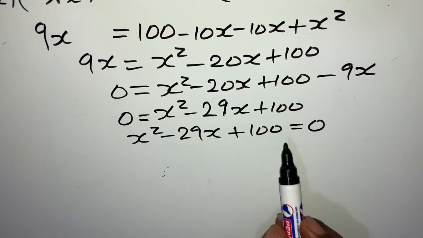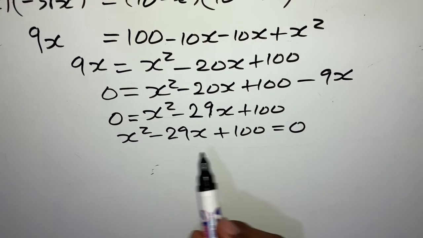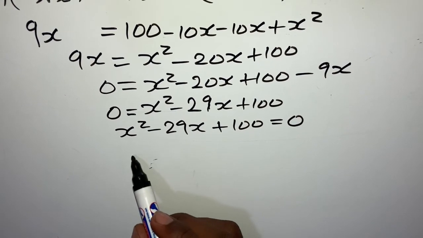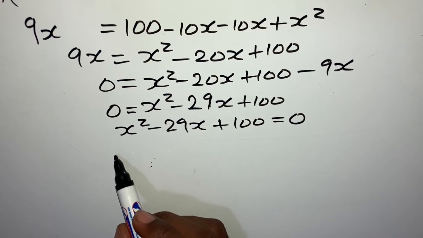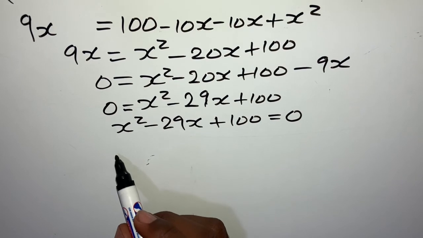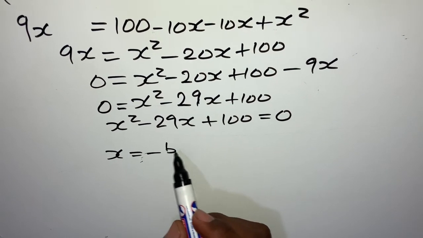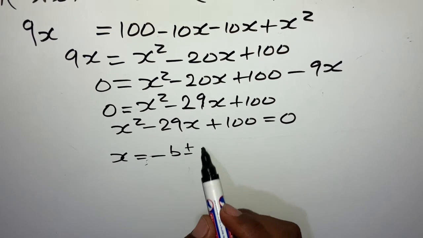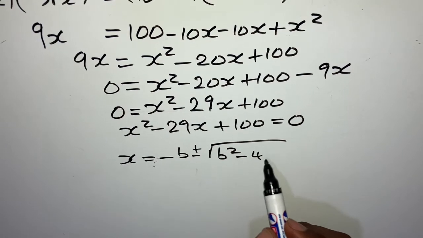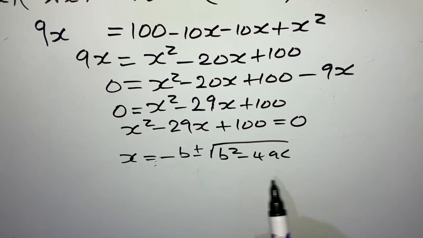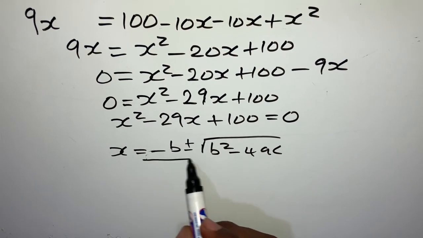If you struggle with factors, you can do your calculation using the quadratic formula, which follows as x is equal to negative b plus or minus the square root of b squared minus 4ac, over 2a.